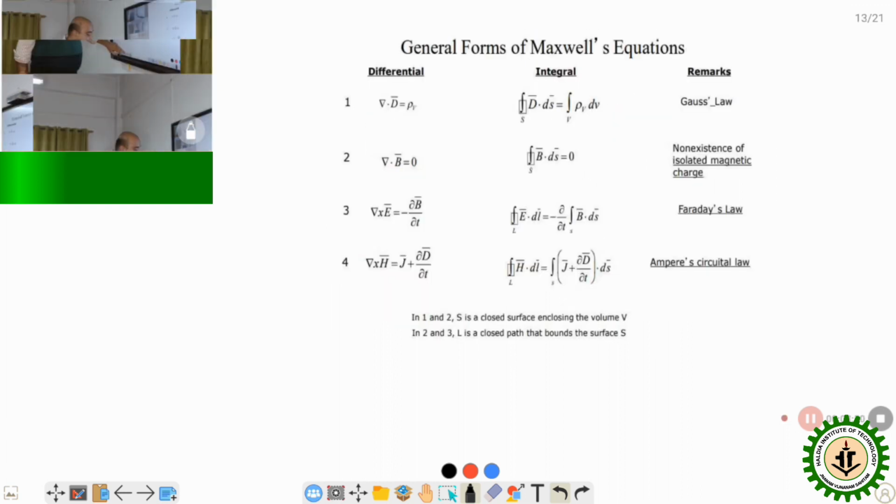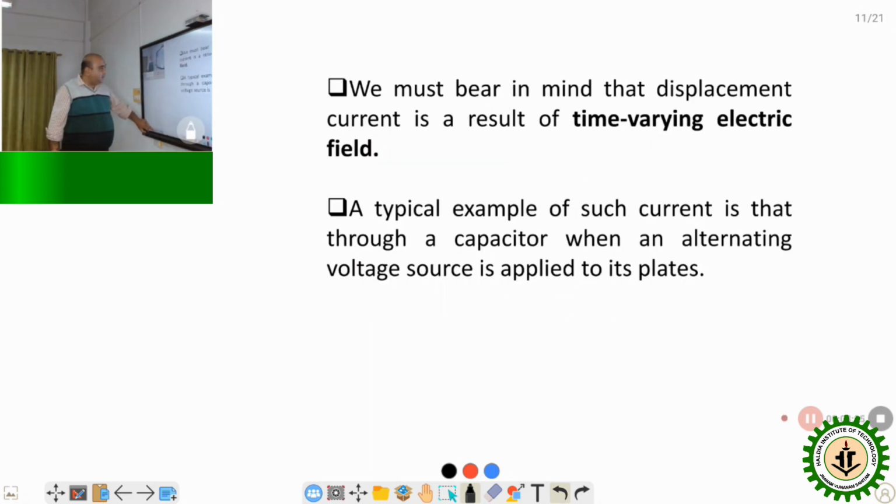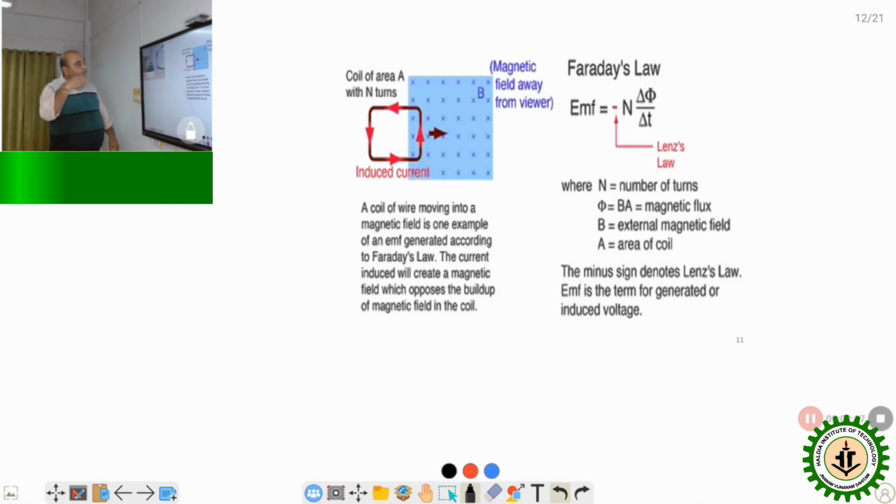Moving further ahead, we come across one more important law, that is Faraday's law of electromagnetic induction. If there is a coil with a certain number of turns, and the magnetic flux changes, then this dou phi by dou t also changes, where N is the number of turns, and an EMF is induced.